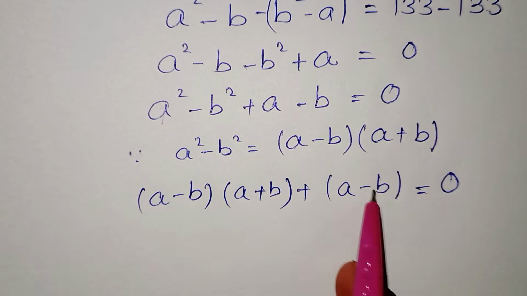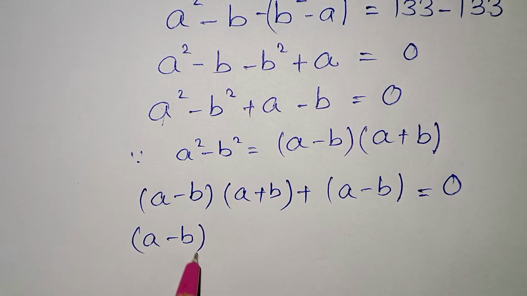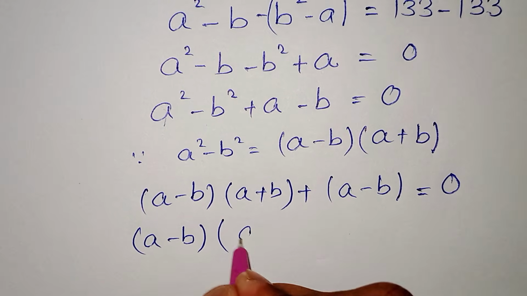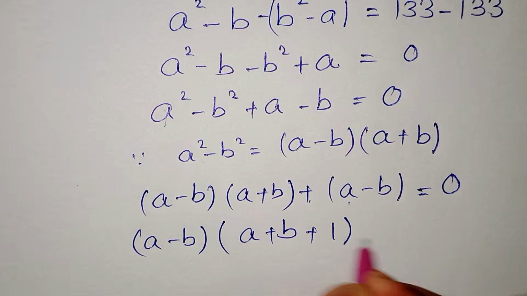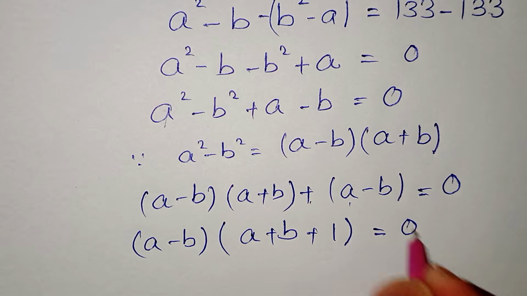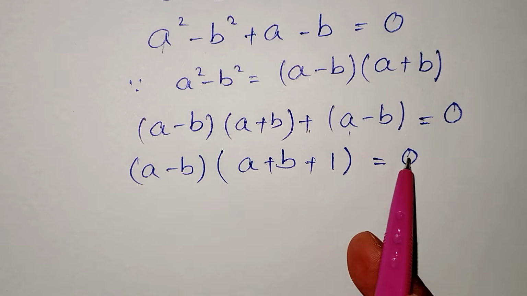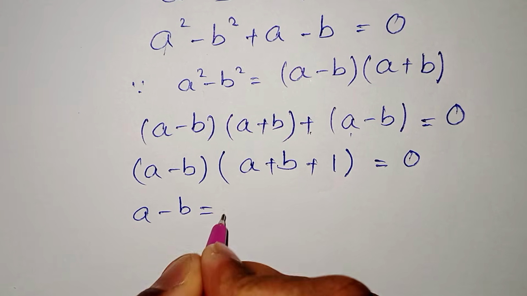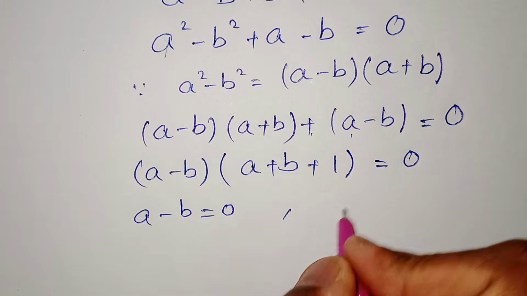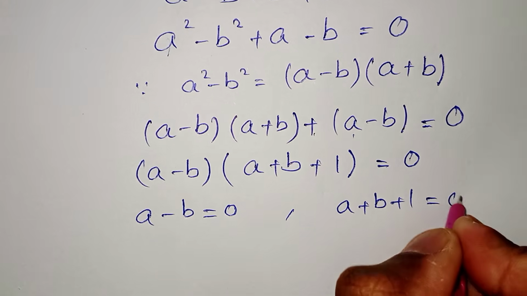Now we take a − b common, left with (a + b + 1) = 0. So either a − b = 0 or a + b + 1 = 0.